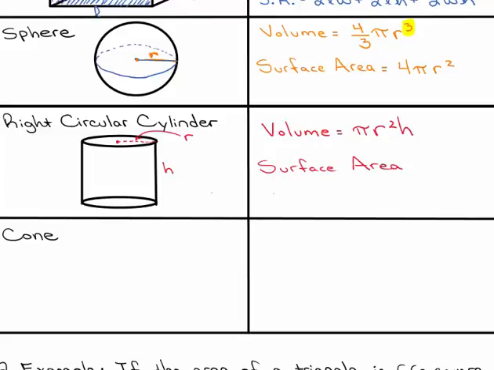Just to make sure I have enough space, I'm just going to rewrite it here as SA to make sure I can fit the whole formula in there. So it's going to be 2 pi r squared plus 2 pi r h.